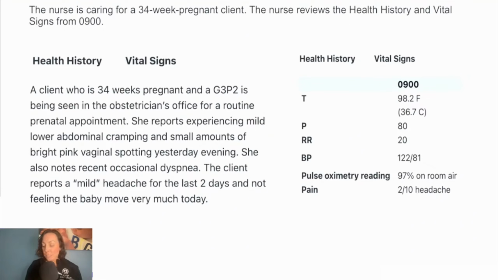Do you see anything concerning here? And feel free to just drop it in the chat box there. So I'm seeing that this client is 34 weeks pregnant, so that would mean that she's preterm. What other things do you all see?